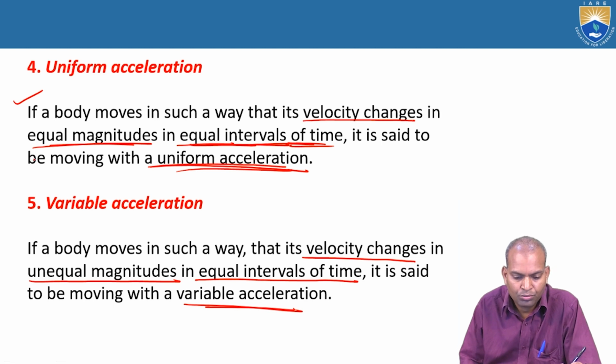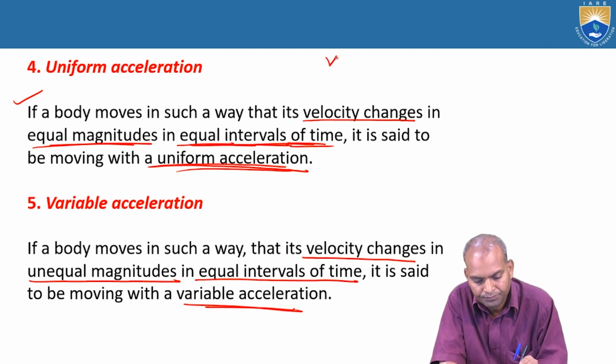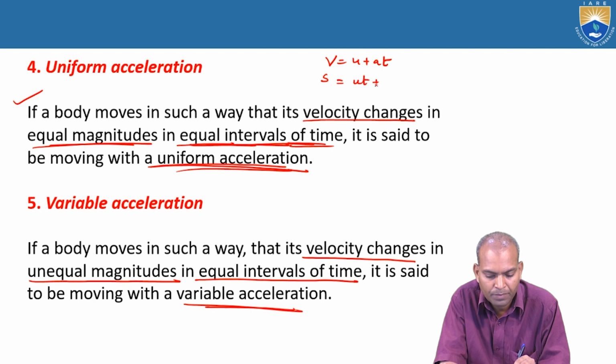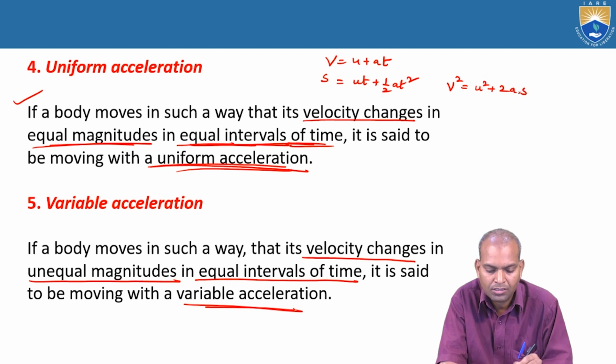Now we are going to derive the expressions for motion with uniform acceleration. The equations of motion under uniform acceleration are v equal to u plus at, s equal to ut plus half at square, and the third one is v square equal to u square plus 2as.